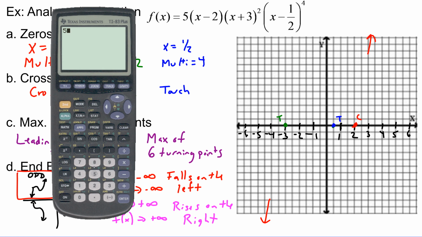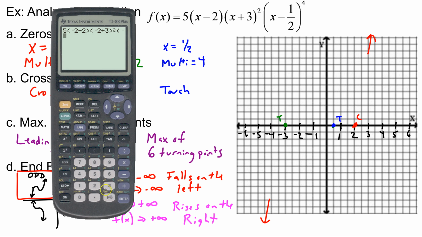So I'm going to do 5, like we see it there with parentheses. This would be -2. Oops, let me make that negative. -2, close parentheses, times -2 added to 3, and we will square that.